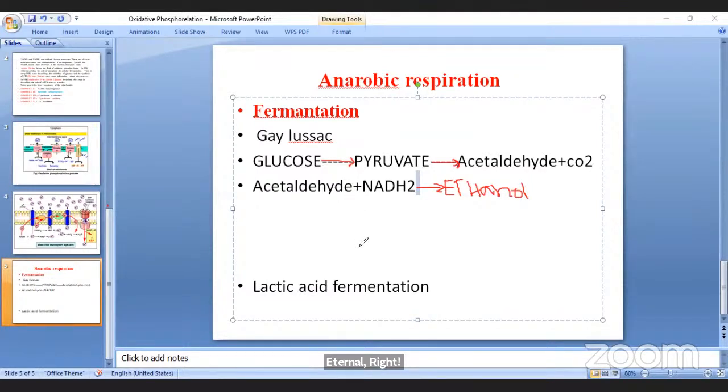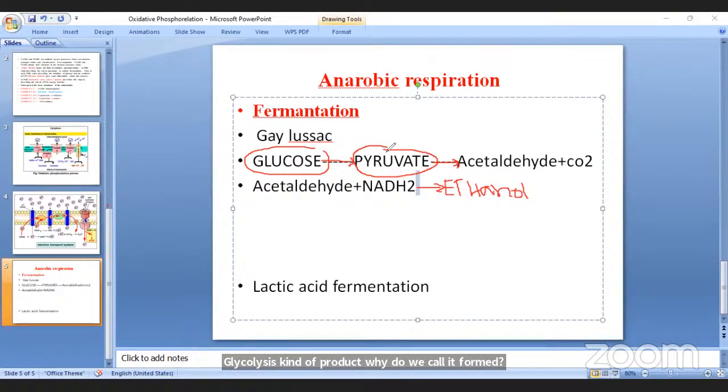So this is alcohol fermentation. In alcohol fermentation, glucose is the substrate. Same glycolysis, the end product pyruvic acid is formed.